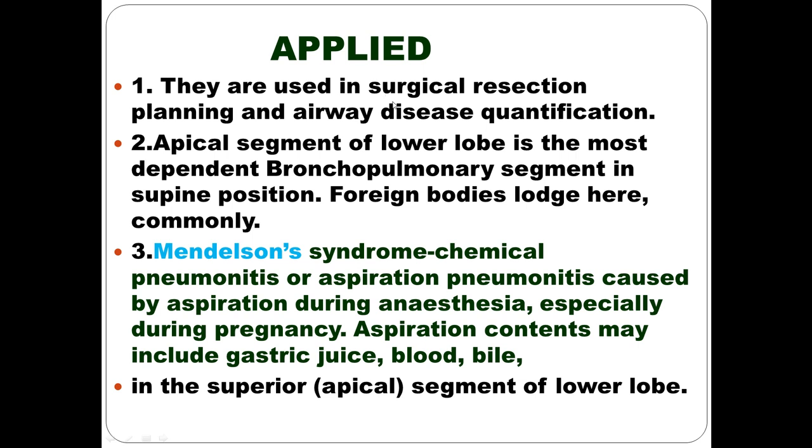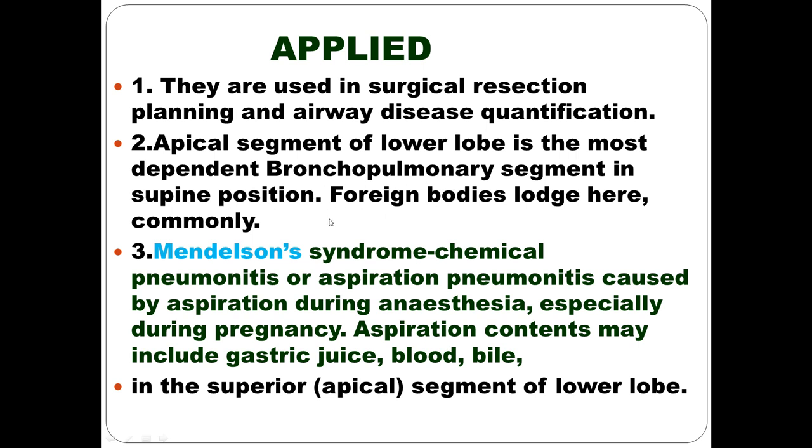So they are used in surgical resection planning and airway disease quantification. Airway diseases can be quantified depending upon how many segments are involved. Then the apical segment of the lower lobe is the most dependent bronchopulmonary segment in the supine position.